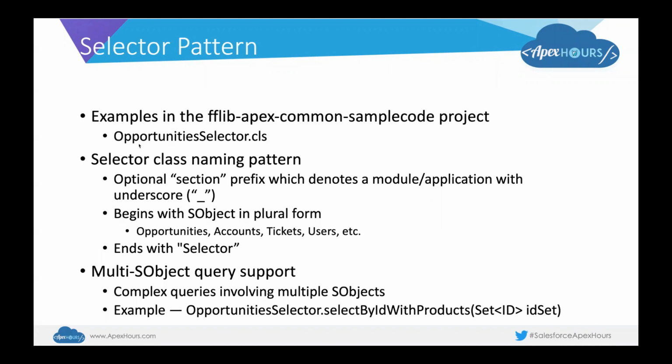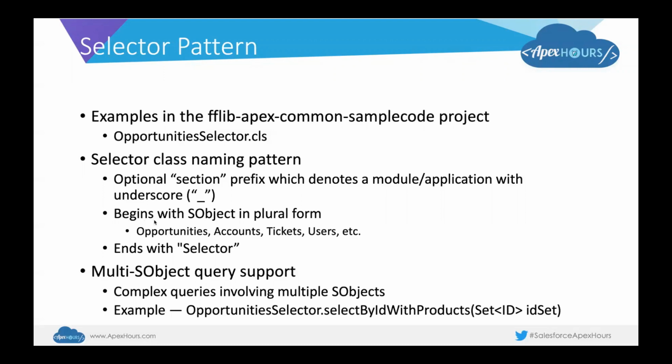So for example, this OpportunitiesSelector has, among other things, an optional prefix. That might be, if you have a very large complex org, you might want to segregate or group applications and modules together with some sort of prefix, and generally it's a small prefix with an underscore. I don't have it listed here, but you can add that if you want to.